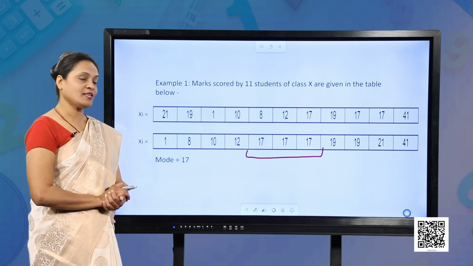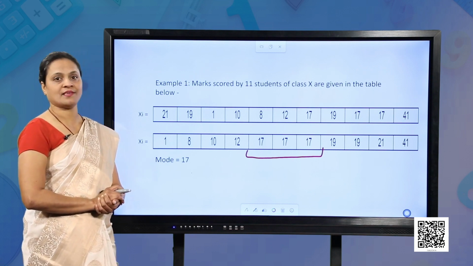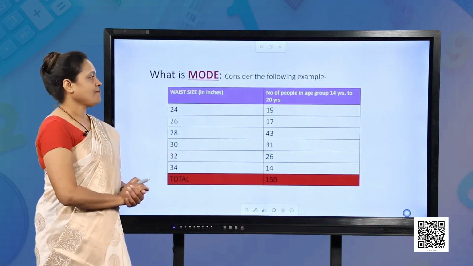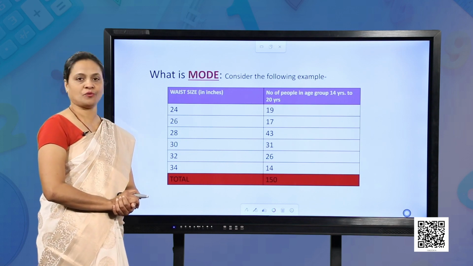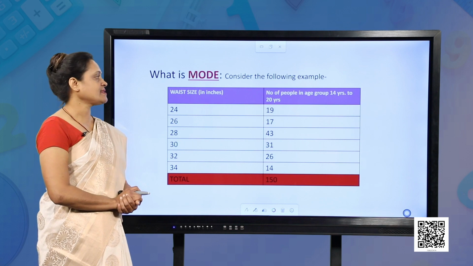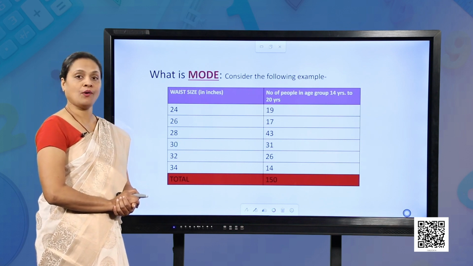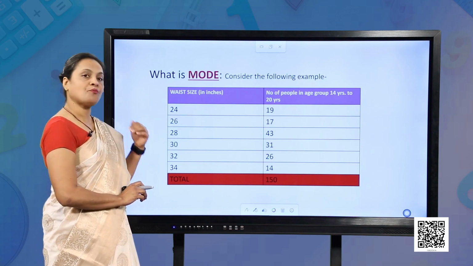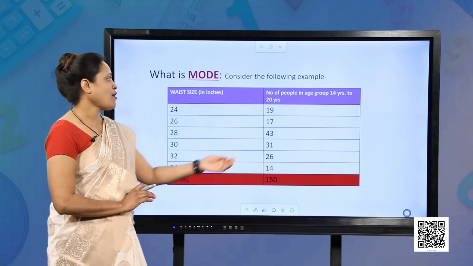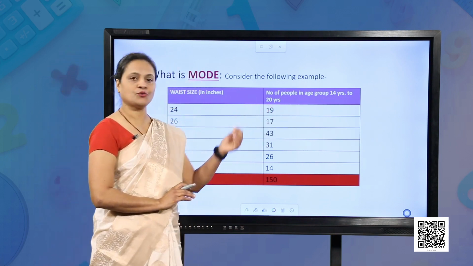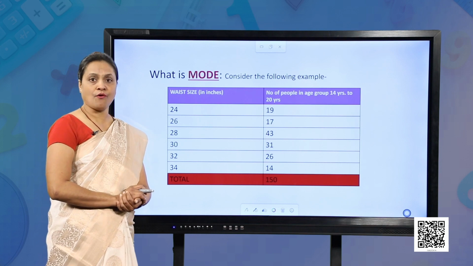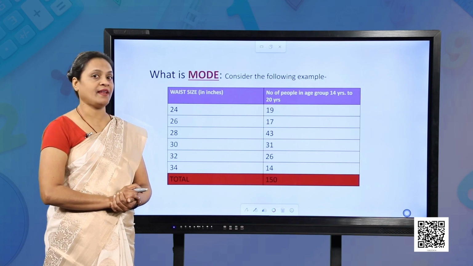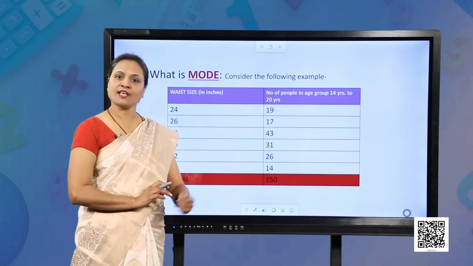Let us see a distribution where we have frequencies also. In this case, we have a discrete frequency distribution table. Let us see what we mean by mode in such cases. In this table, there is a company that wants to manufacture trousers for people of age group 14 years to 20 years. They wanted to know the most prevalent waist size for this age group.